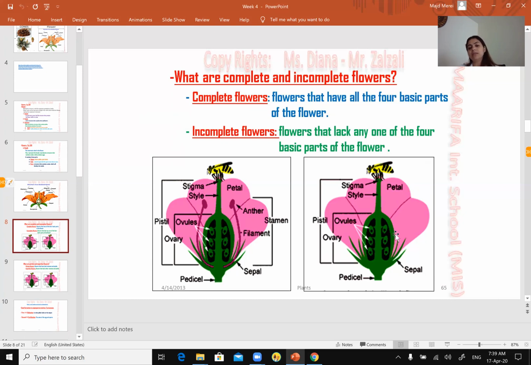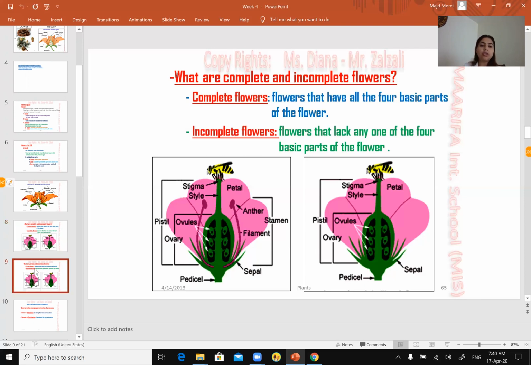Look at the next one, the one to the right: sepals, they are in order, start from the outermost, then petals, then stamen. Can you find the stamen here? No stamen. So they lack the male reproductive part. So the one to the left is a complete flower. The one to the right is an incomplete flower.